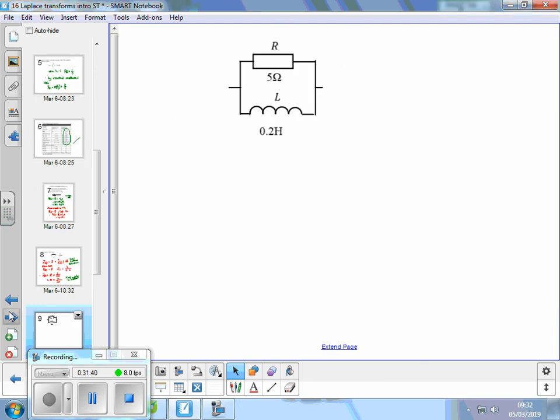Also, what we want to consider is how we deal with some other circuit configurations. So we've got a resistor of 5 ohms in parallel with an inductor of 0.2 henries. How could we write an expression for the impedance in the time domain?